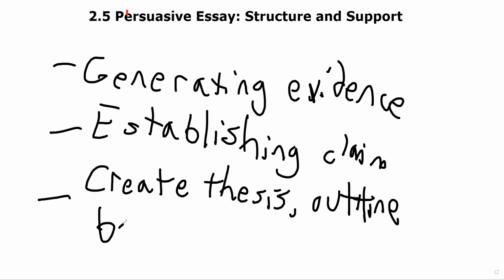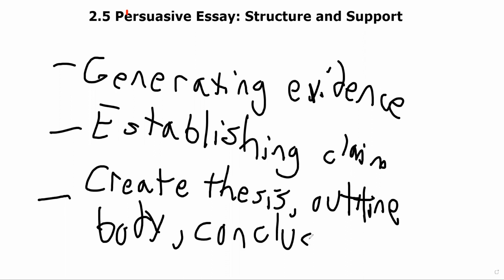Outline, body, and conclusion. So the order would be to generate evidence based on whatever the topic is, review the evidence and search for either the evidence that we have an abundance of or the evidence that we find most comfortable to write about. We then establish our claim based on that assessment.